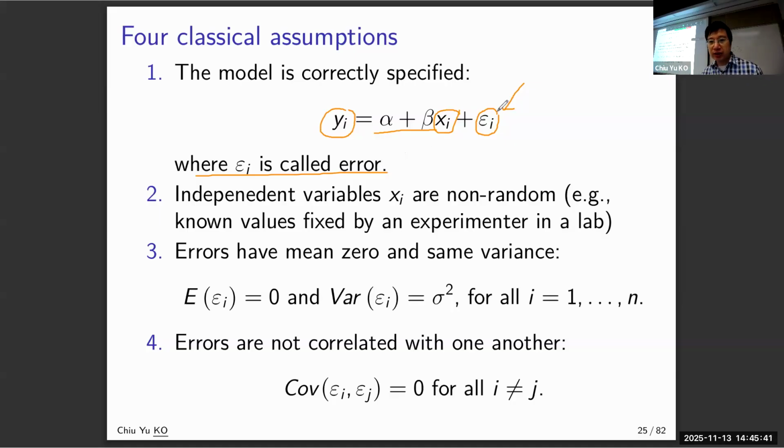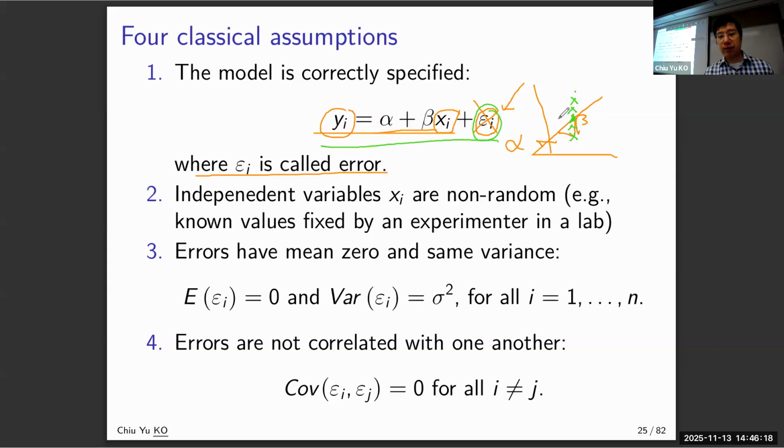Without noise, X and Yi are perfectly aligned, a perfect line with intercept alpha and slope beta. But because of the epsilon, the data you see is somewhere else. On average, the line represents the average.